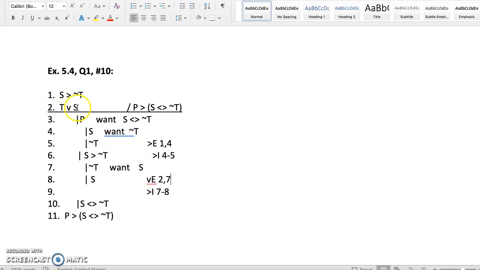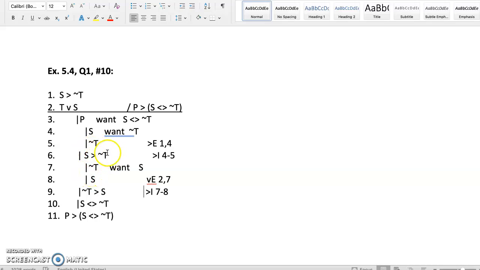So line 2 is a disjunction. Line 7 is the negation of one of the disjuncts. So as output, we get the other disjunct. So now again, we move back one indent line. And that gives us not T then S. And the justification is already filled in: conditional introduction of 7 and 8.